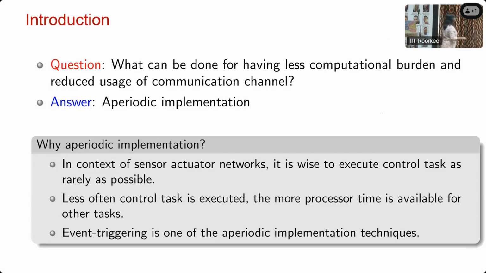So what is the use of aperiodic implementation? In the context of sensor actuator networks, it is wise to execute control as rarely as possible. We compute the control at one point in time and keep it constant, and then we compute again only when it is necessary.